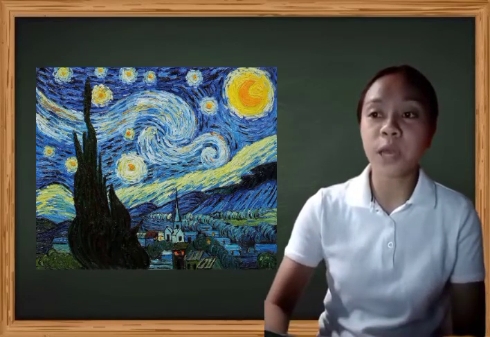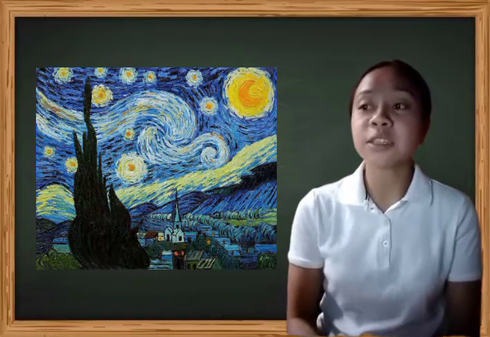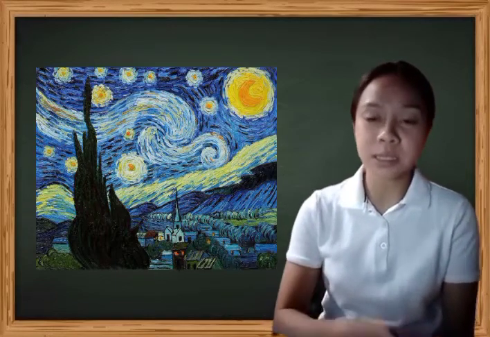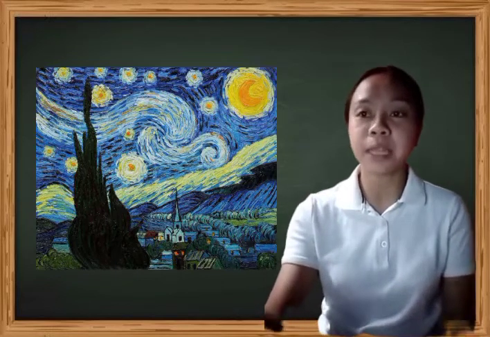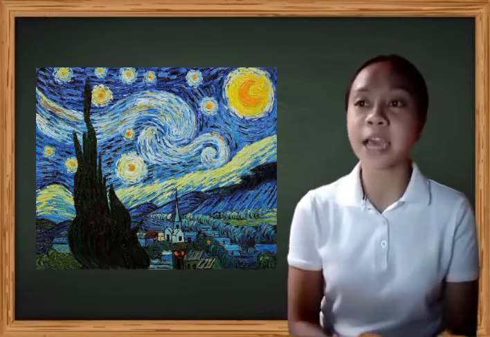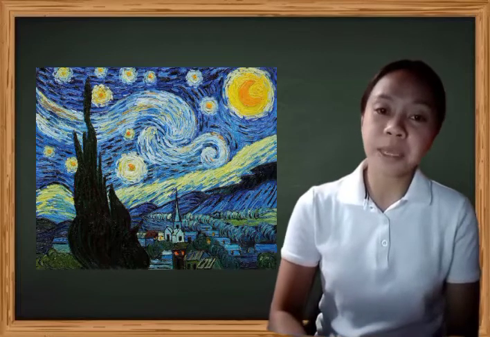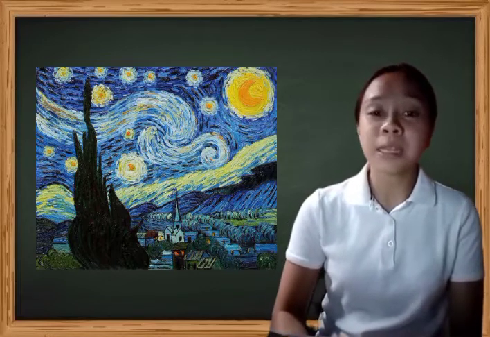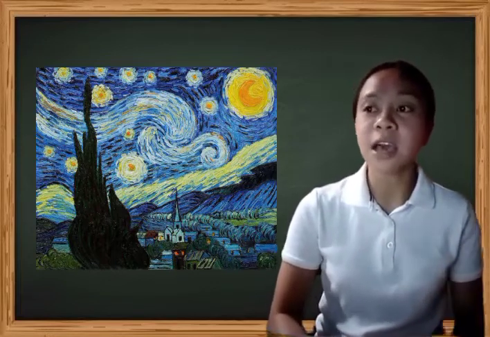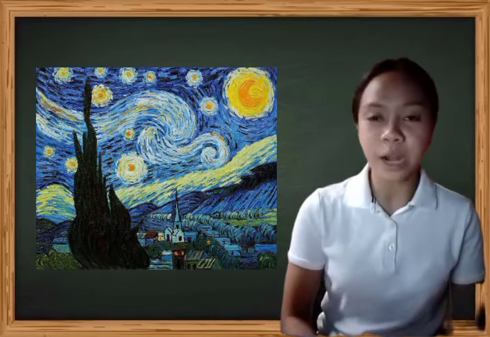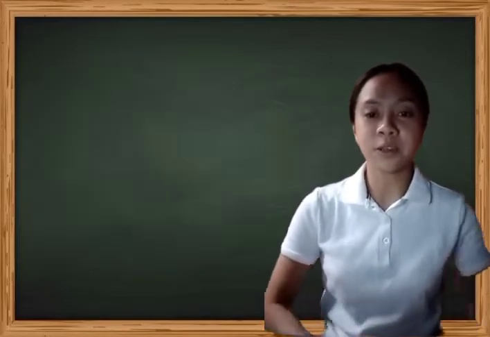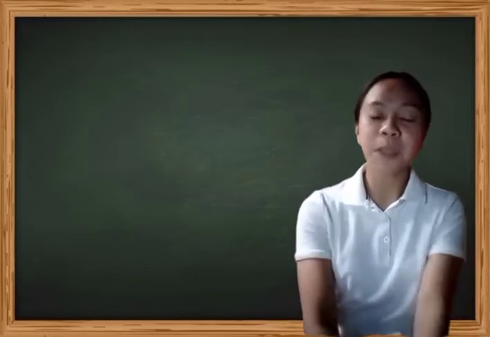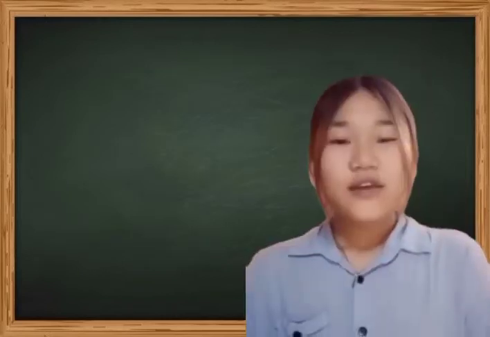Although it was painted during the day, Starry Night depicts a dreamy interpretation of the artist's asylum room view. The painting takes your eyes on a roller coaster around all the twists and swirls. So do you understand? So that is movement.